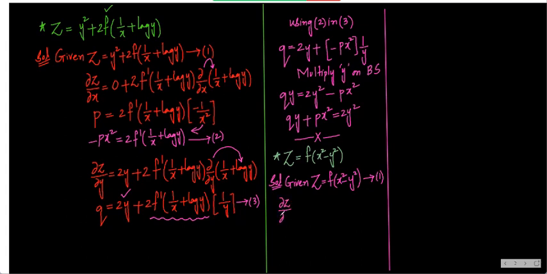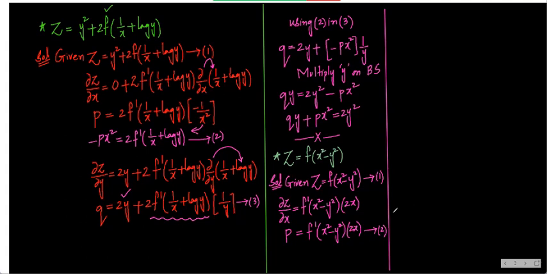Dou z by dou x is equal to f dash of x square minus y square into the inner function, which is 2x directly. You understand the system? Yes. So then we say that p is equal to f dash of x square minus y square into 2x. Call it equation number 2.